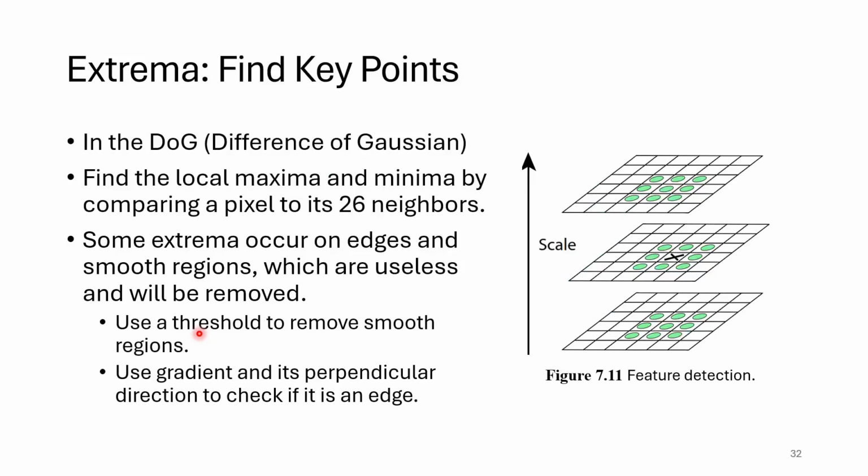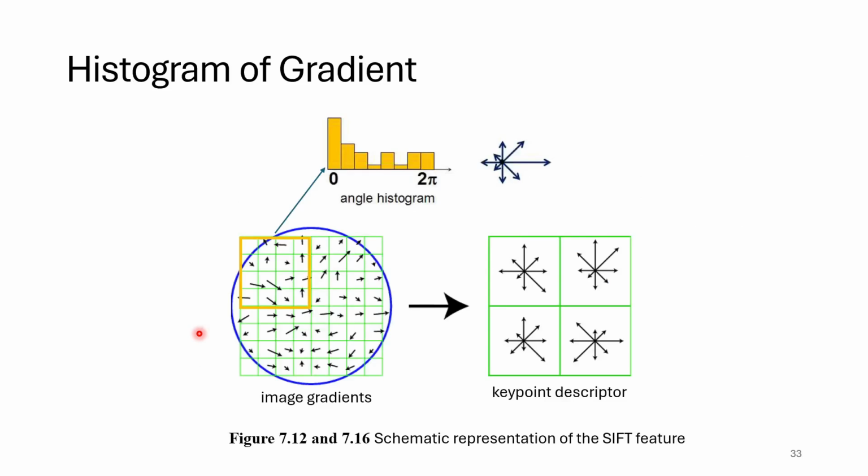Okay, once they found those key points, they will use the histogram of gradients to create the feature. So what is the histogram of gradients? It means for a pixel or a location at the center, there are some nearby pixels. For example, there are 8 by 8 nearby pixels. Then within the region, every pixel has its own gradient.